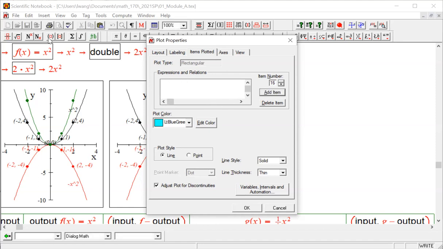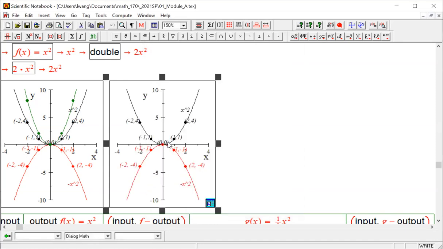And of course, 0, 0 stays the same. And for input 1, the output is half, because we have half x squared. And last but not least, on the table, we have 2, and the output is 2 as well. So we have all these dots.